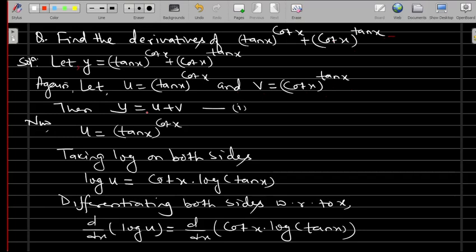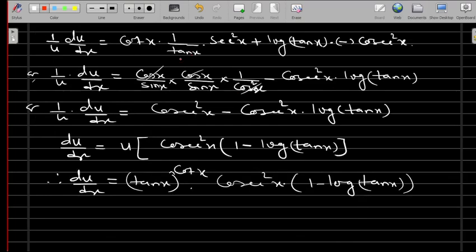Now we start from u, that is tan x to the power cot x. If this power form is given, then taking log on both sides, log u equals cot x times log tan x. Differentiating both sides with respect to x, the derivative of log u is 1 by u du by dx, equals first no change, derivative of second.